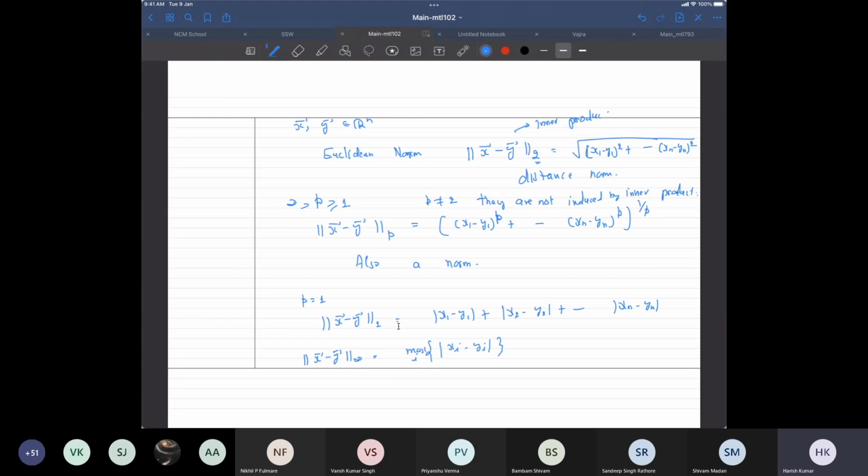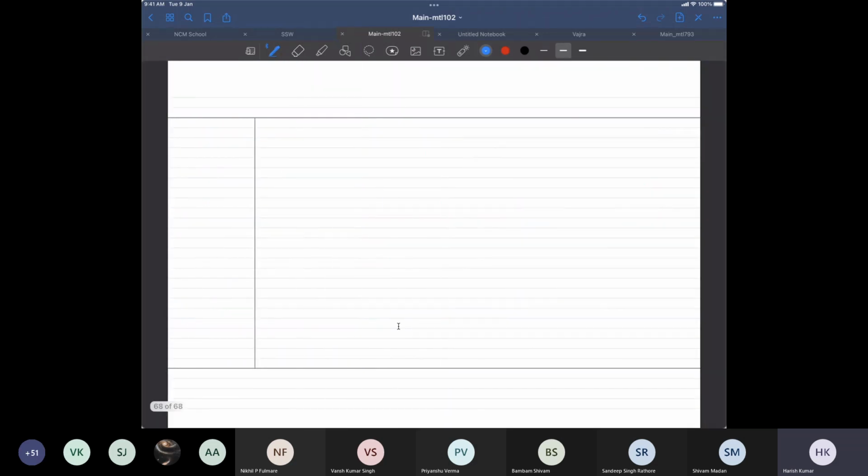Now you can see that there are several of them; there are infinitely many of them. The good thing is that the calculus is the same in all of them. That means if you converge in one norm, for example in two norms, you will always converge in all the norms.